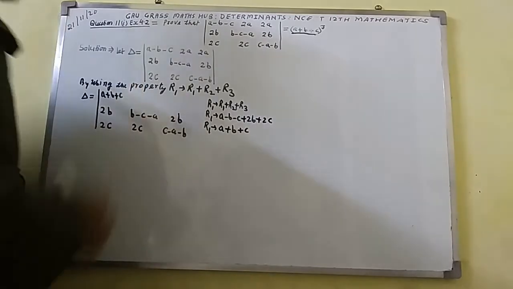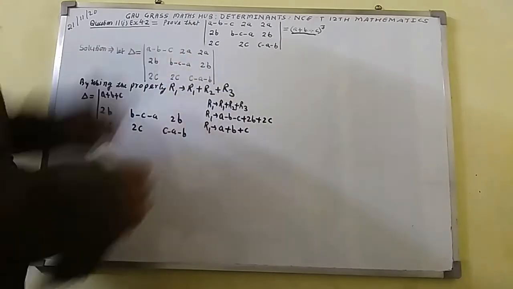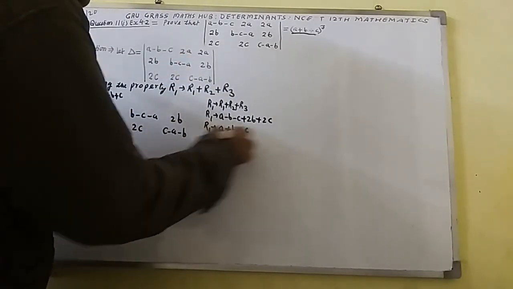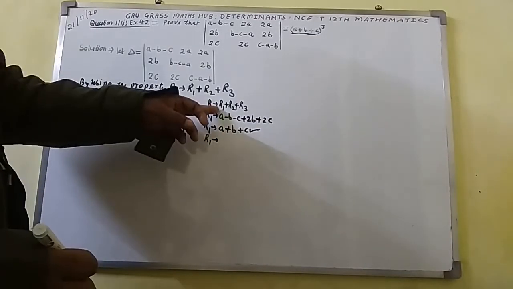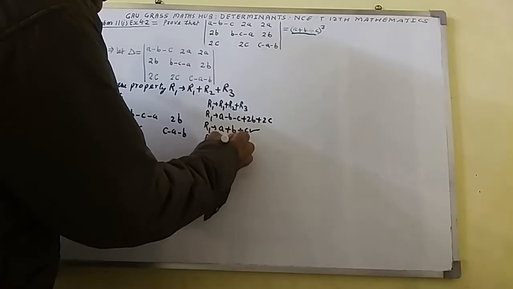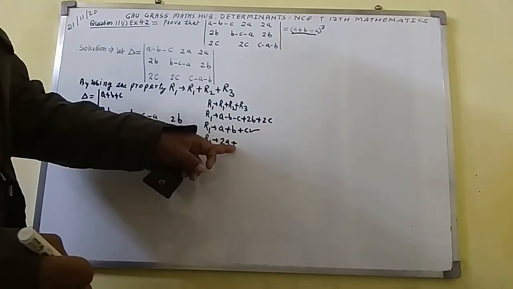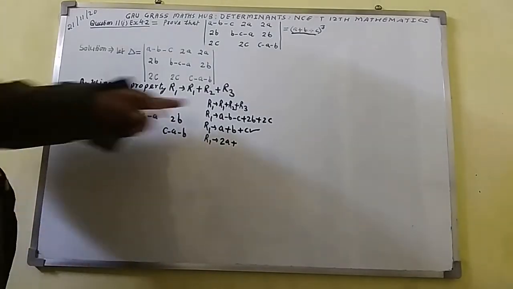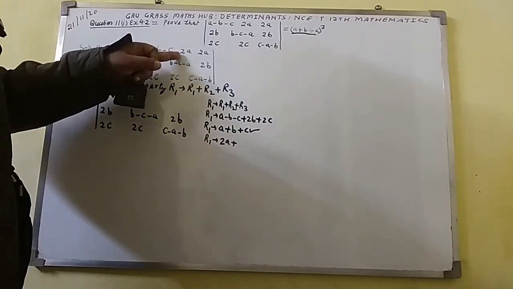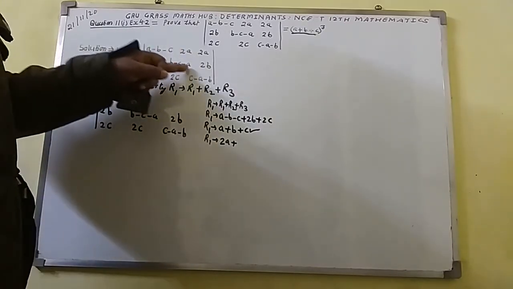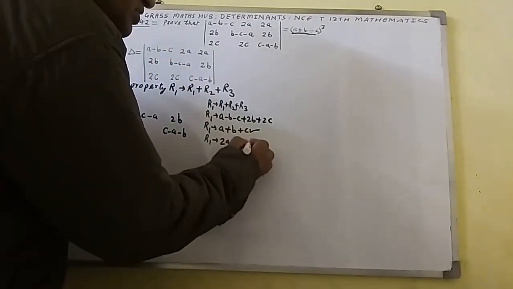And again for the next element, if I take the element of R1 as 2a, here I write 2a. And for R2, I shall refer to the second row. The corresponding element of 2a in the second row will be b minus c minus a. So here write b minus c minus a.